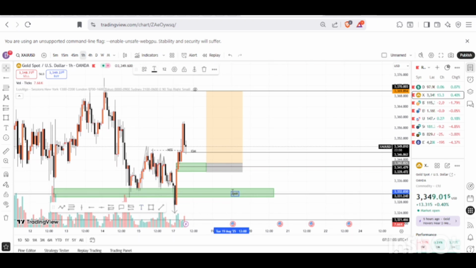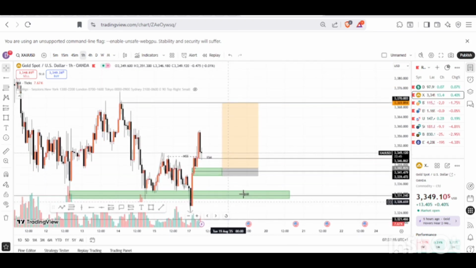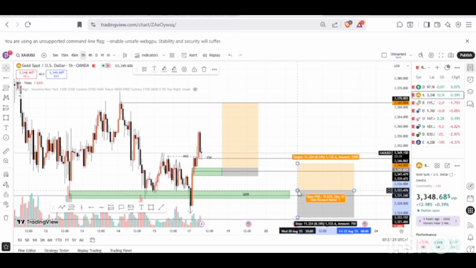If price definitely comes in, observe price action, and this will be a good buy here.